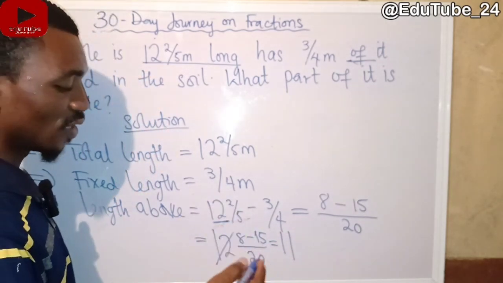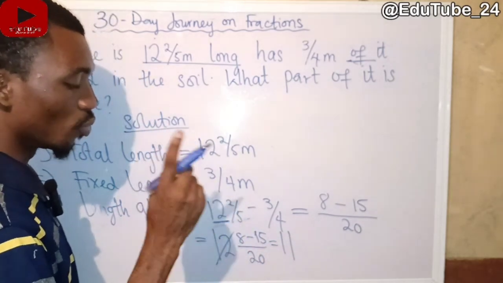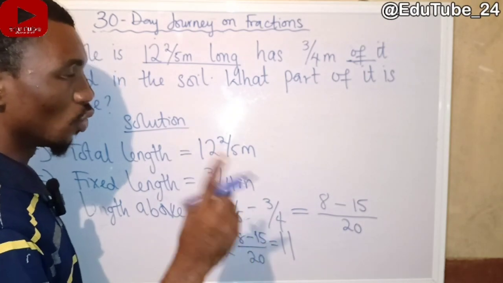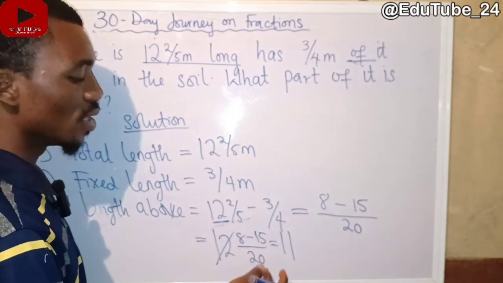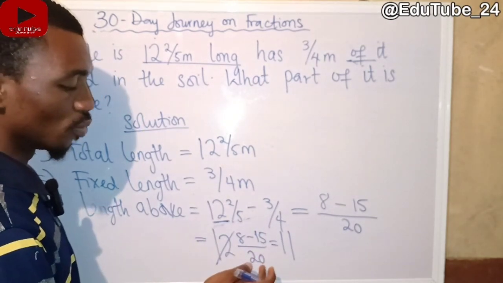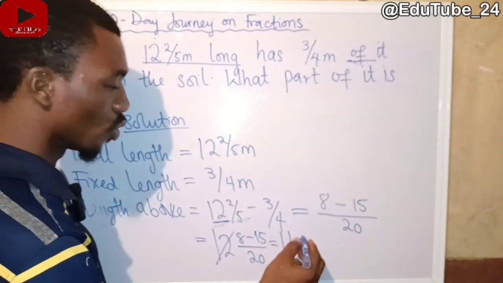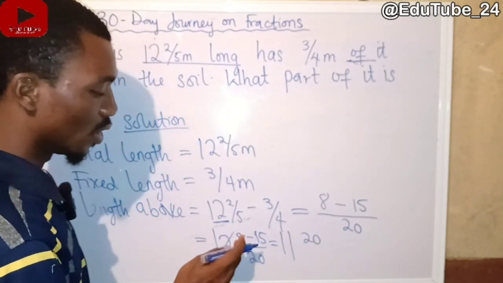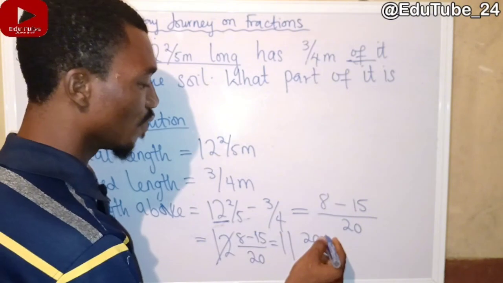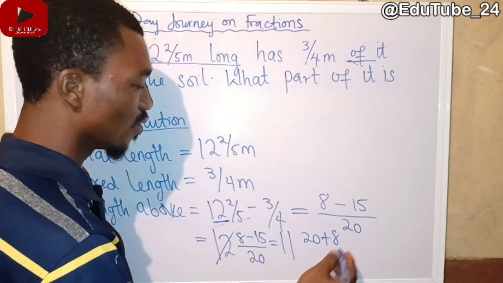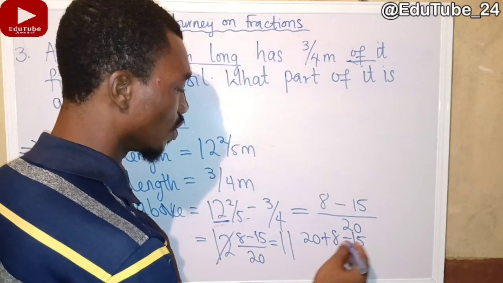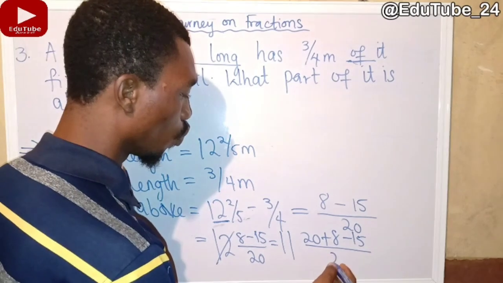Don't forget, I said when you borrow 1 from a whole number, the 1 will be made equivalent to the denominator. So the 1 has become what? 20, and then the 20 will be added to this 8. So 20 plus 8 minus 15 all over 20.